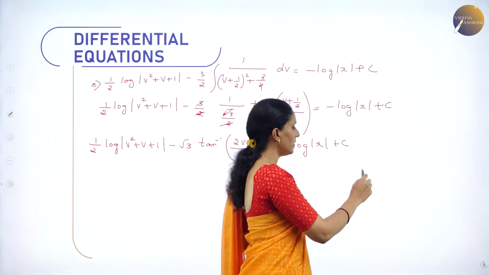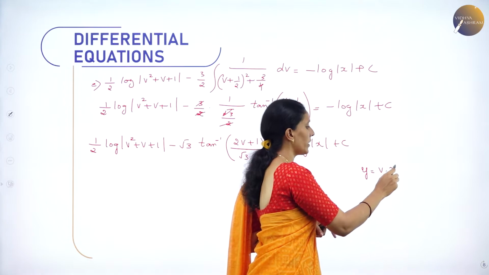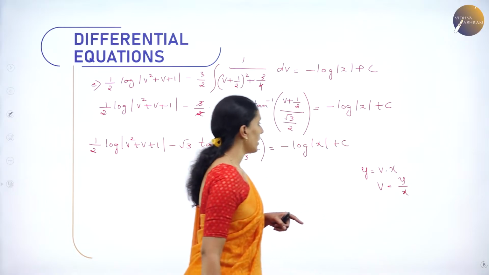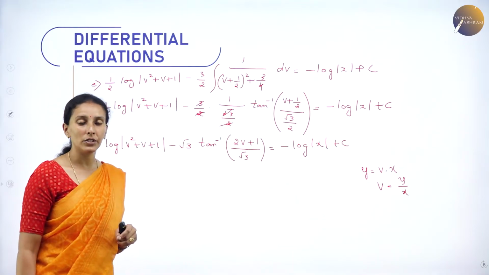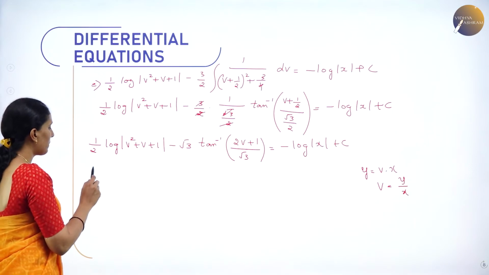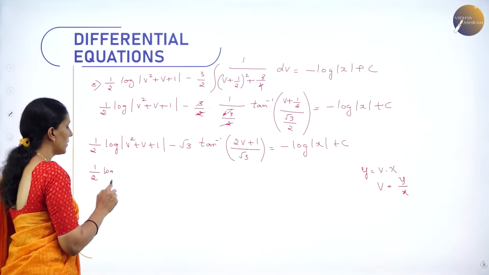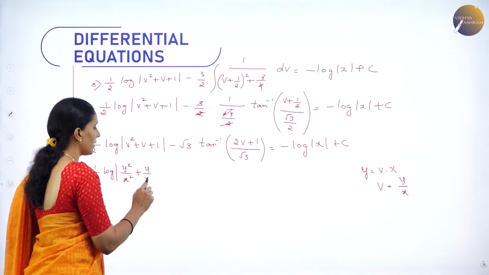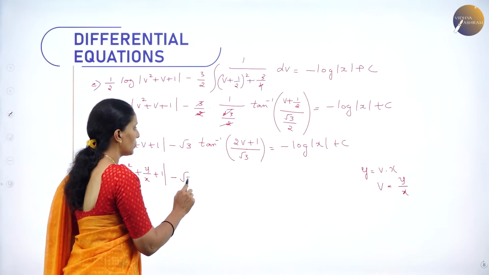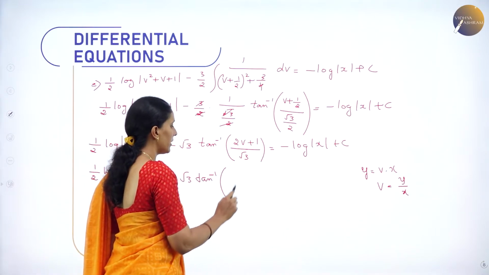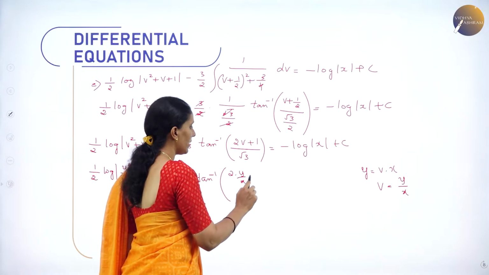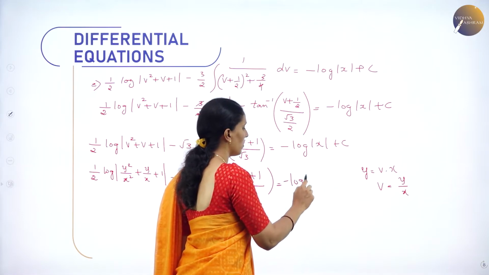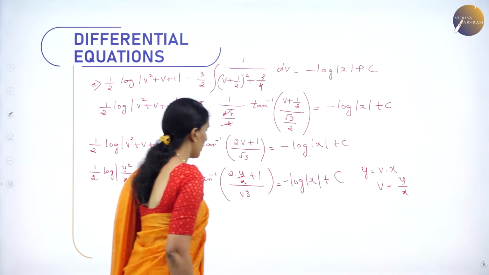Initially we have taken y is equal to v into x. So what is v? v is equal to y by x. So in the place of v here, just replace it with y by x. So then what happens here? Half log, so this becomes y square by x square plus y by x plus 1, minus root 3 tan inverse, here it becomes 2 y by x plus 1 divided by root 3, and here we have minus log mod x plus c.